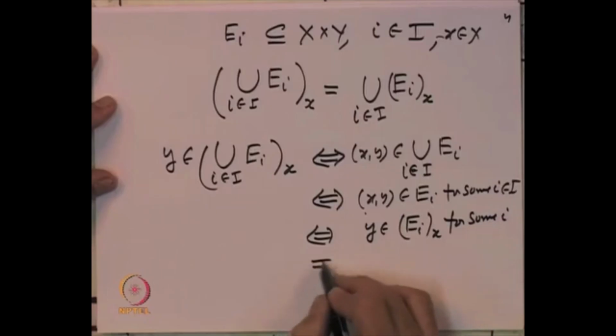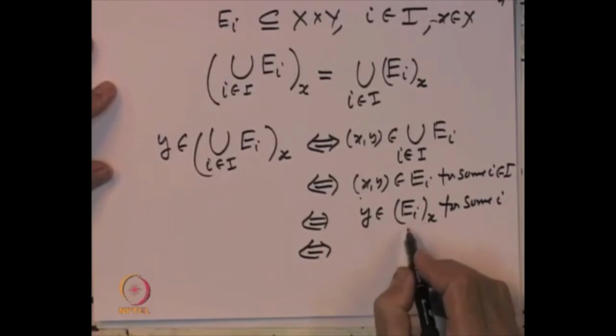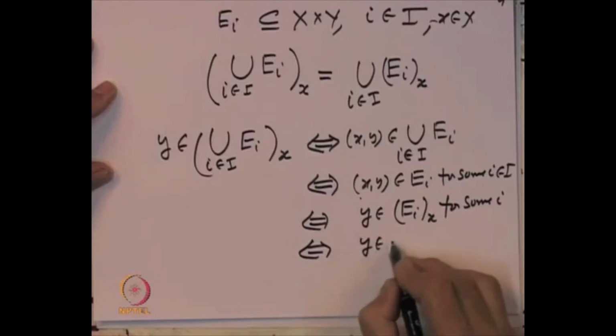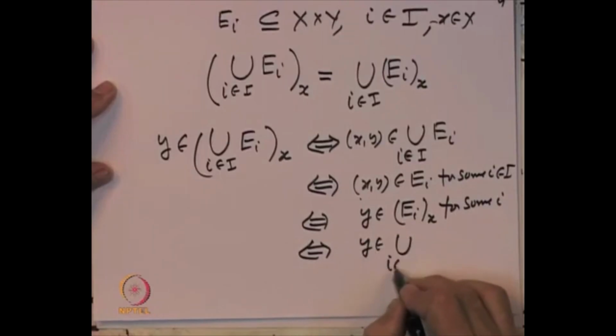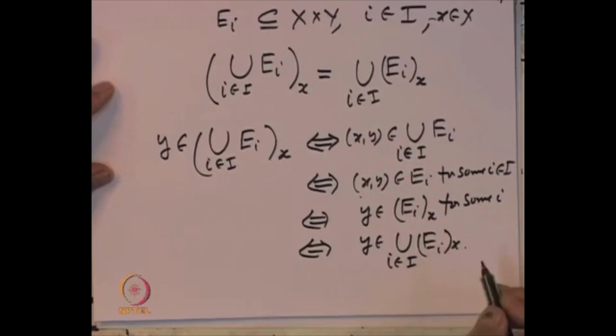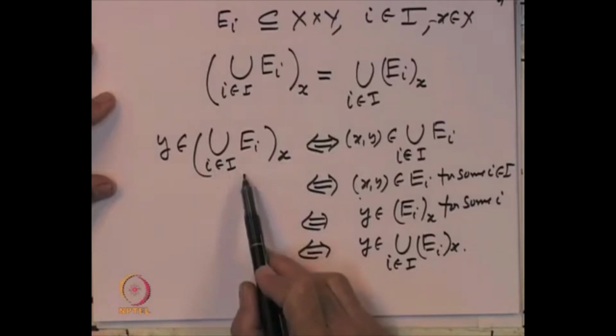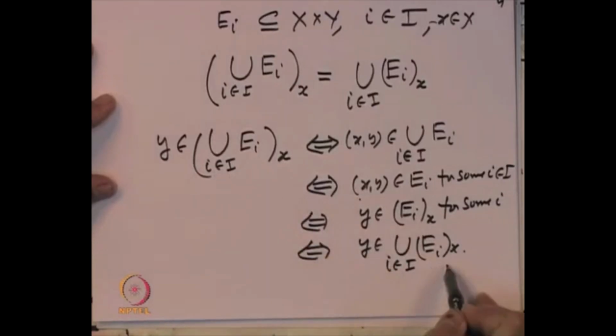But that is the same as saying it belongs to the union. So, it belongs to at least one of the sections of E i's, that means y belongs to the union over i belonging to I of E i at the point x. So, y belonging to the section of the union if and only if y belongs to the union of the sections.